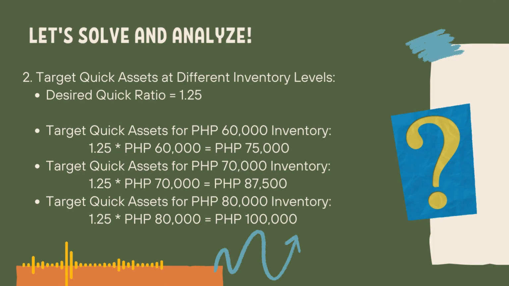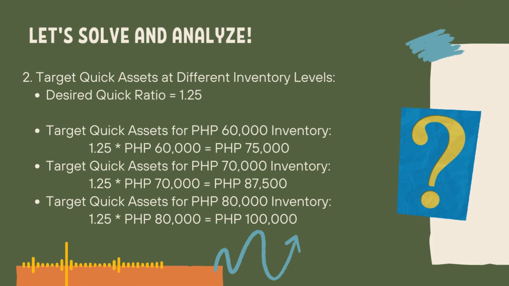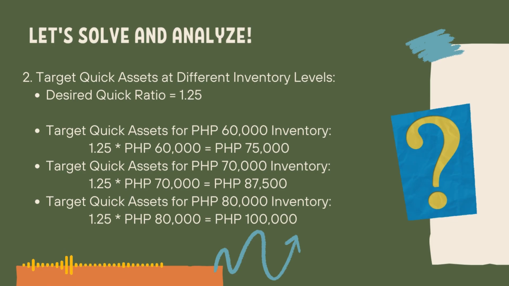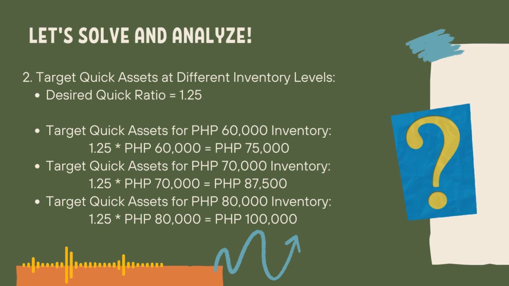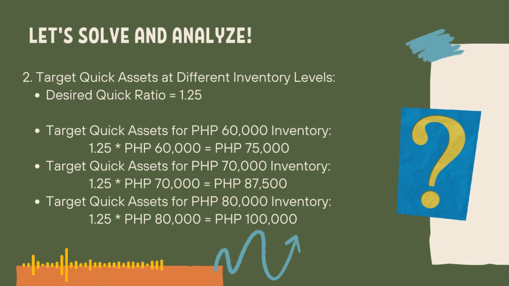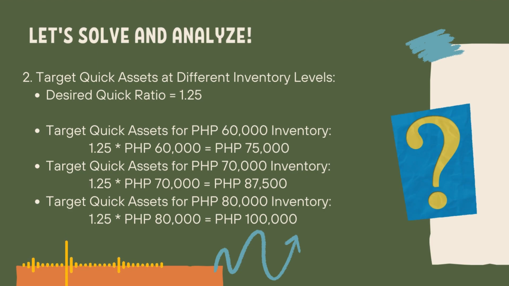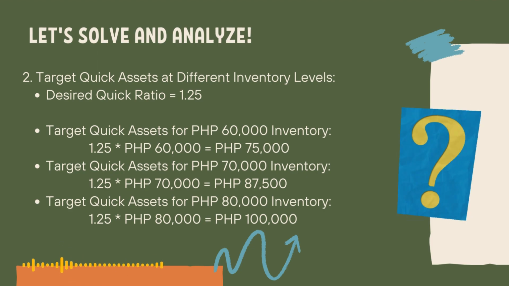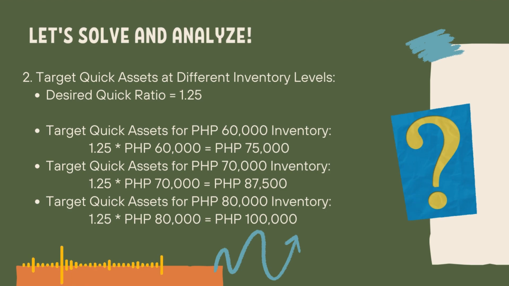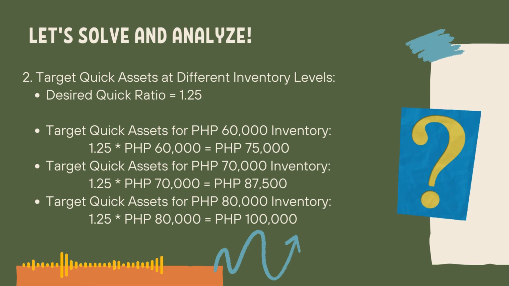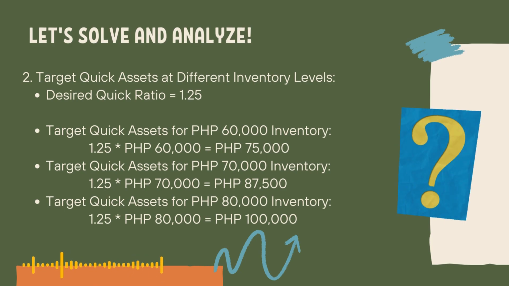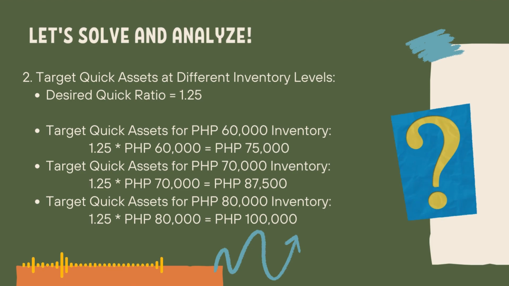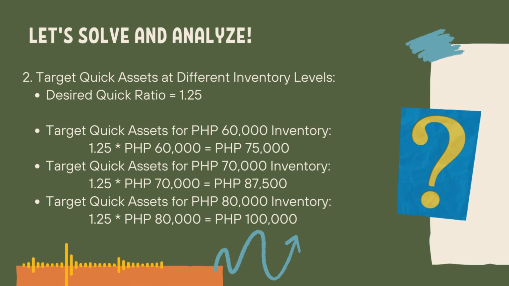Okay, we have a desired quick ratio of 1.25. So for 60,000 peso inventory, we will just multiply the desired quick ratio by the inventory level to get the target quick assets. So 1.25 multiplied by 60,000 pesos is 75,000 pesos. 1.25 times 70,000 pesos inventory is equal to 87,500 pesos.